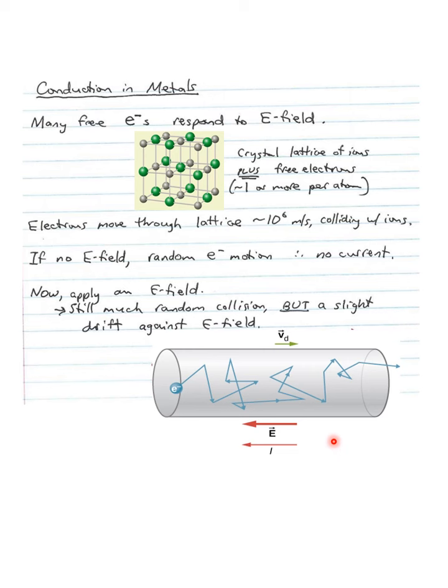Here I've drawn the electric field going to the left, which means positive current is going to the left. But remember, the electrons are negatively charged, so they're actually moving to the right. And here in this picture, you can see they're moving very fast, about 10 to the 6 meters per second, but they keep colliding and bouncing back and forth with a gradual drift to the right, and that's what the drift velocity is.